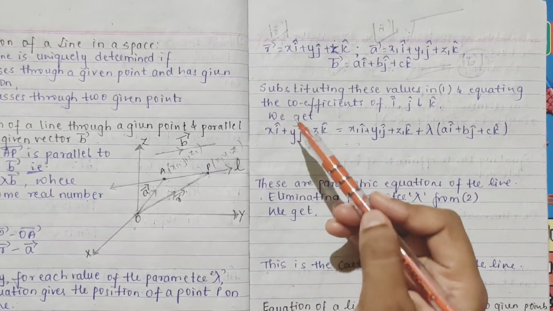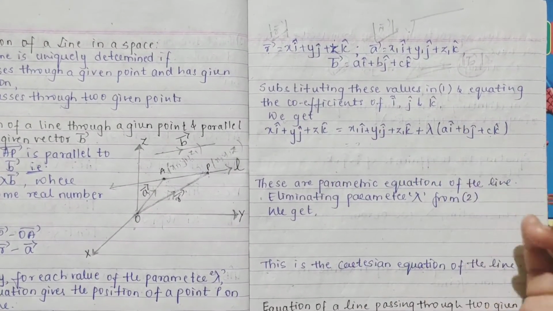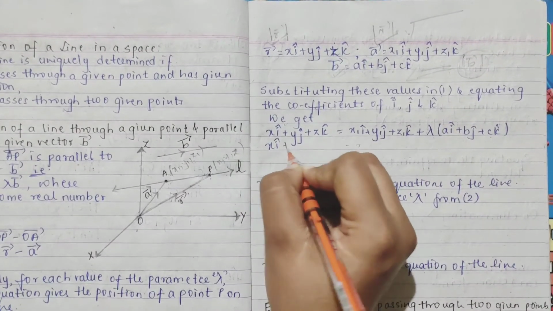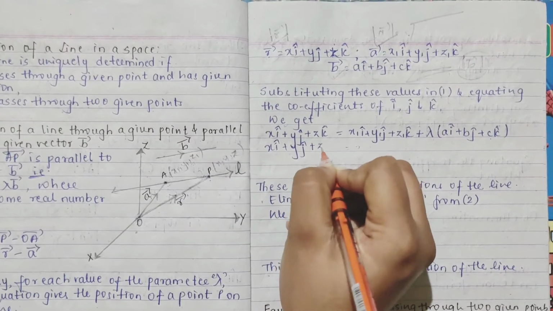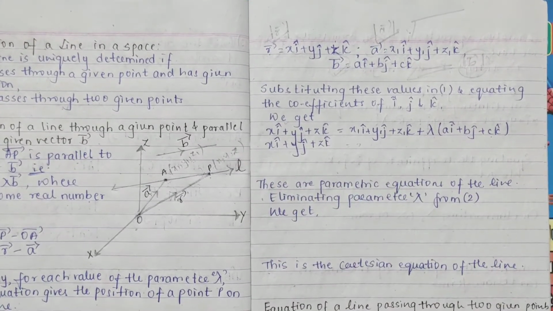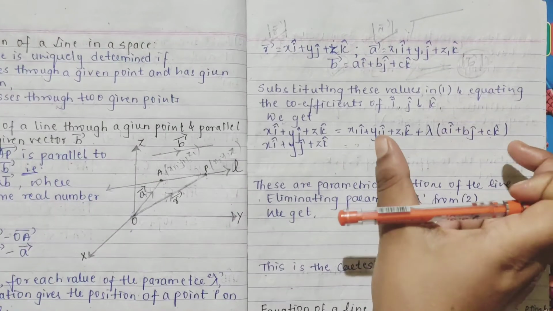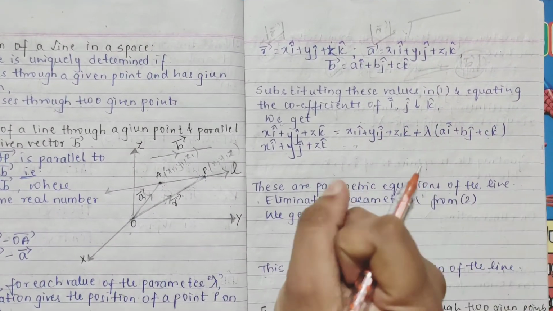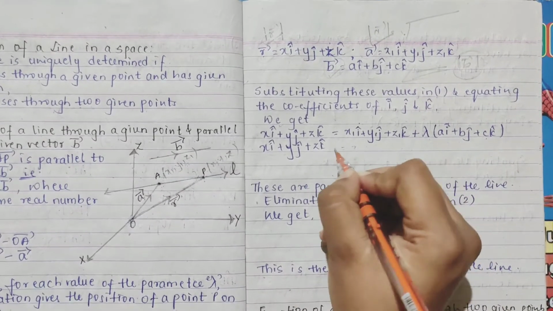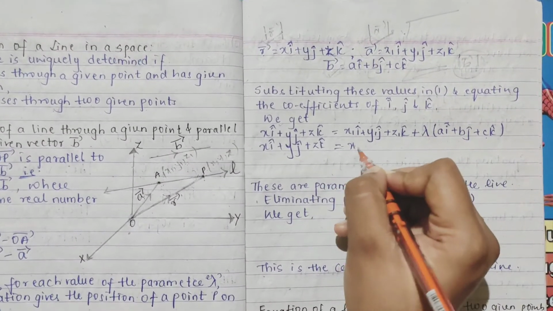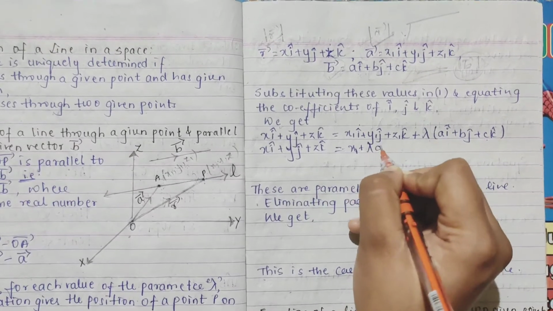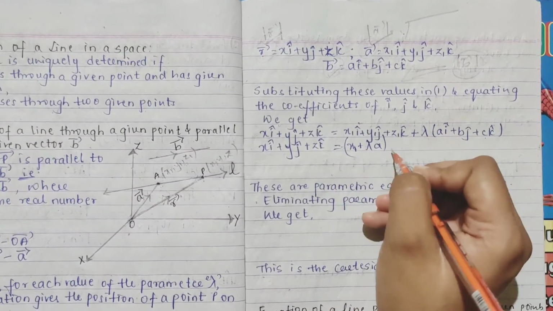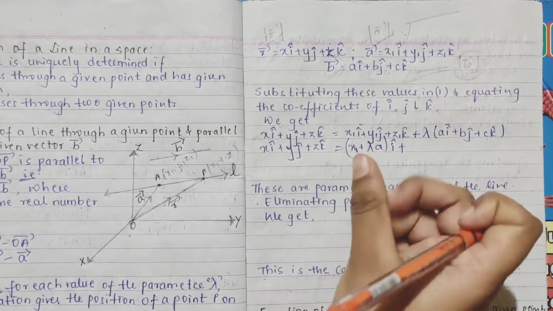Now what we have to do is equate our i coefficients. First we keep the left hand side as it is, and simplify our right hand side. Taking the i part, this will be x1 plus lambda a, since you have to multiply lambda, with i cap common.